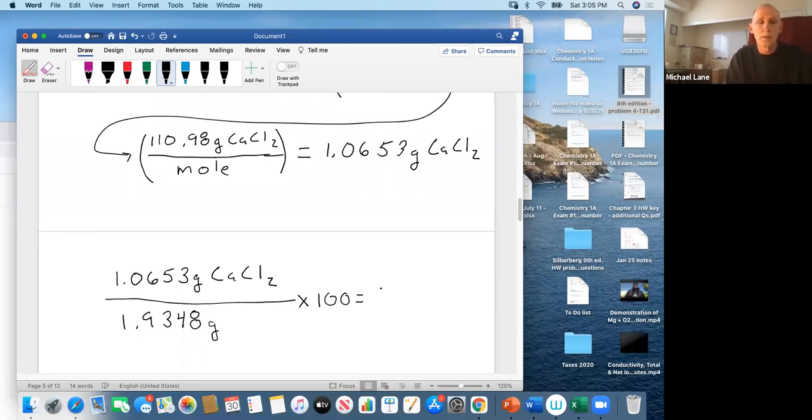And that equals 55.060% calcium chloride.